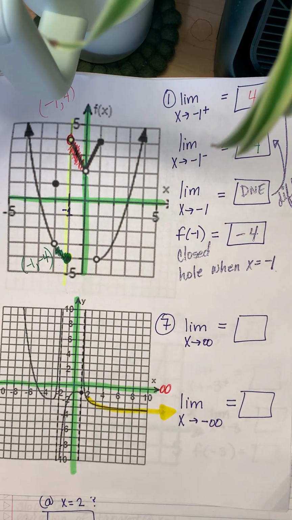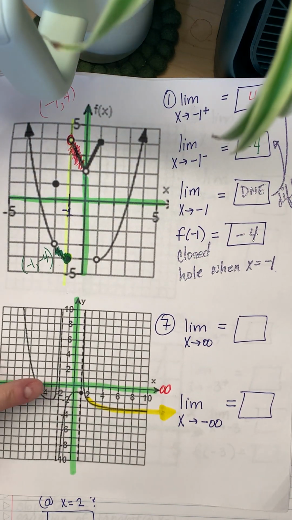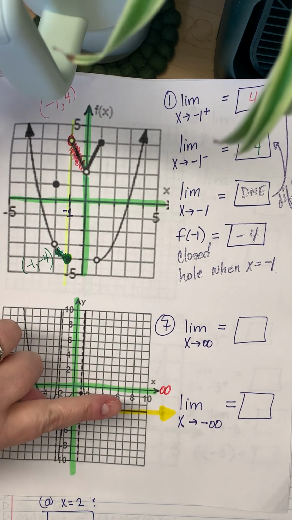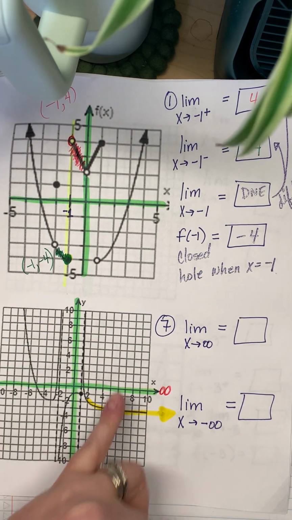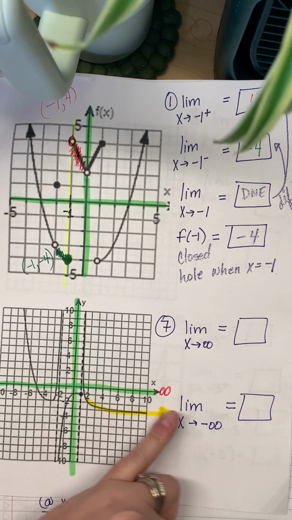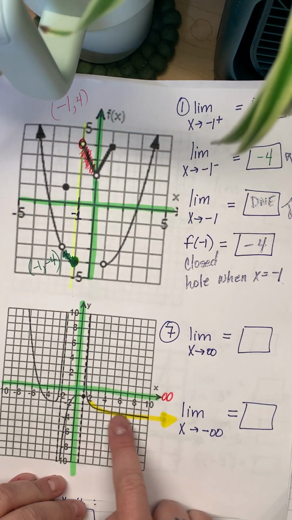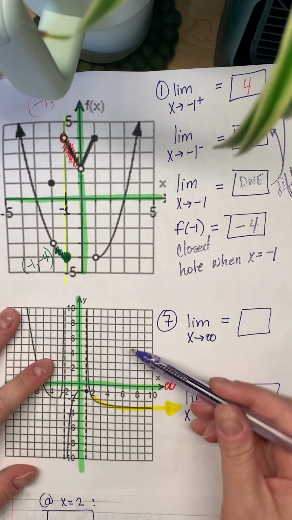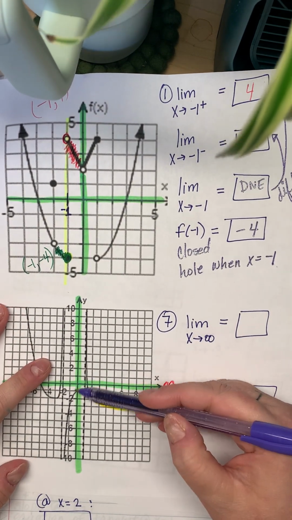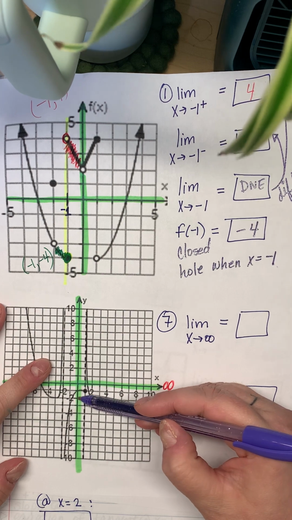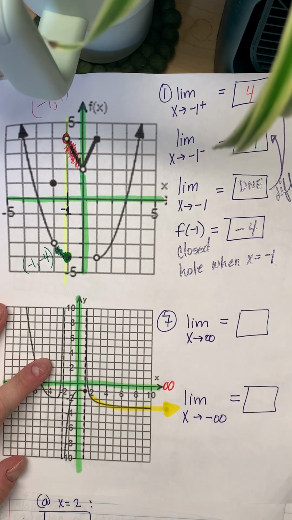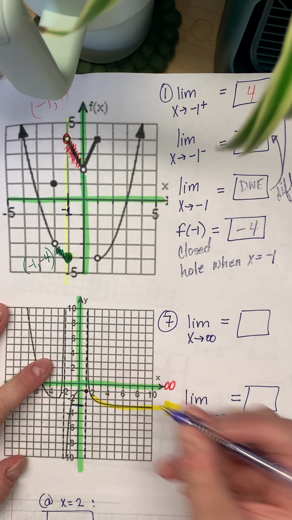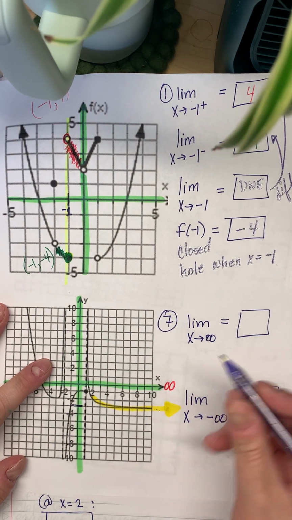As we look farther and farther to the right, it looks like this curve kind of levels off because it's going side to side. So let's see where it levels off at. I think it was -1, -2, -3.